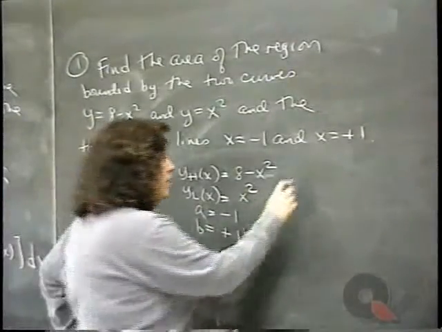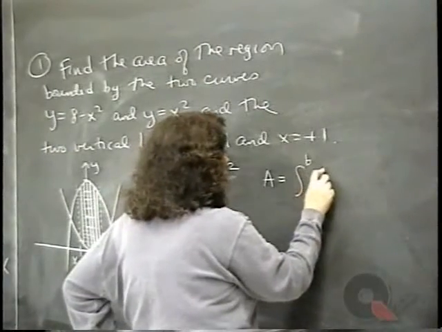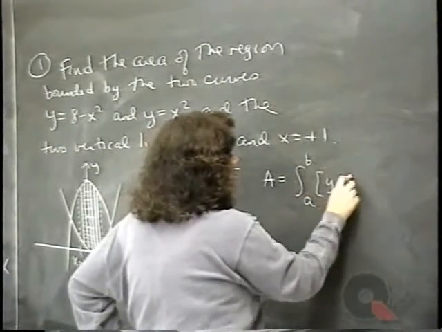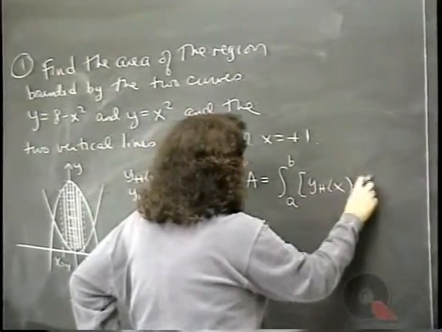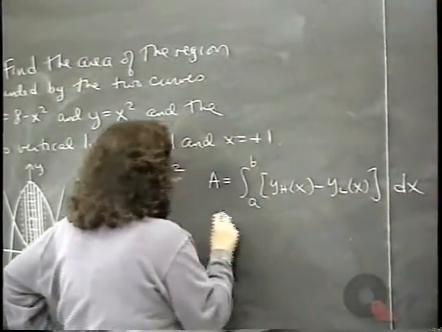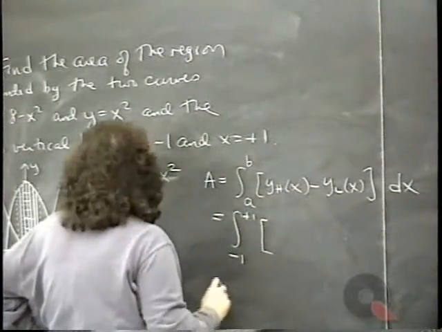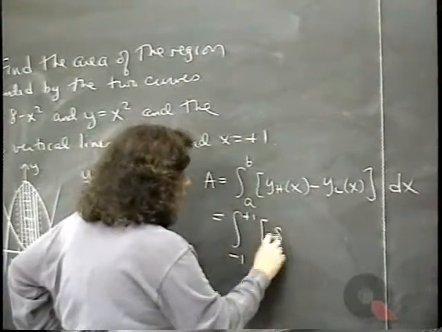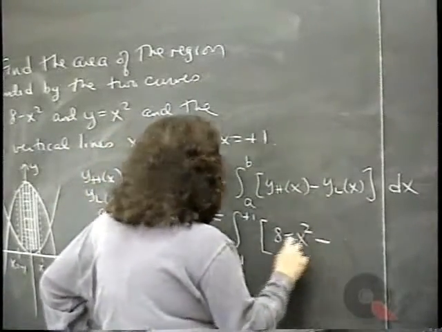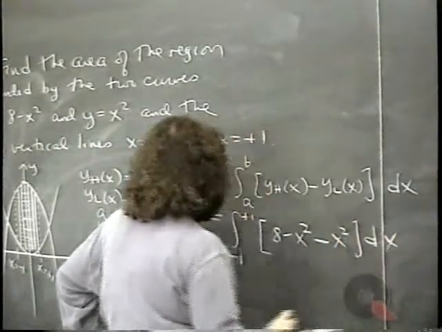And the area here is going to be the integral from a to b of yh of x minus yl of x dx, or the integral from -1 to +1 of yh of x, 8 minus x squared, minus yl of x, x squared, dx.